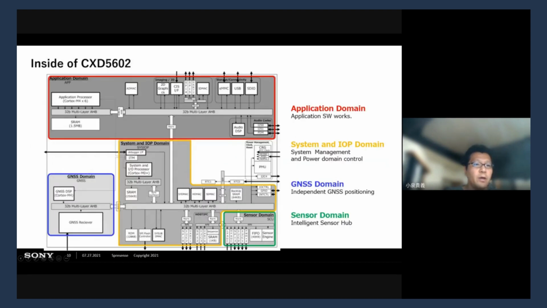And this is the internal structure of the 5602. There are four domain blocks, and one is the application domain. This one includes the 6 cores and 1.5 megabytes of SRAM. And usually the user can use these 6 cores for their own programming. And the yellow block is the system and I/O processing block.